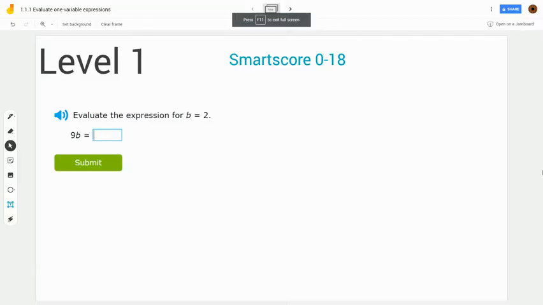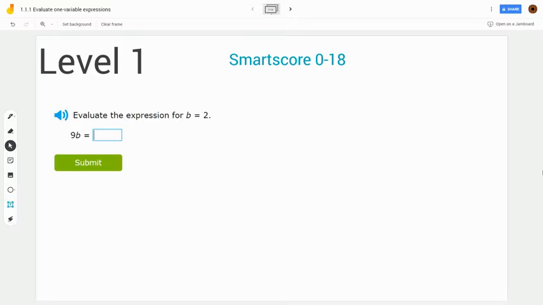Right, so level one of evaluating one variable expressions, 1.1.1 section. First off, an expression, for our purposes, will always have a variable, and we're going to have a value for the variable that we can plug in.